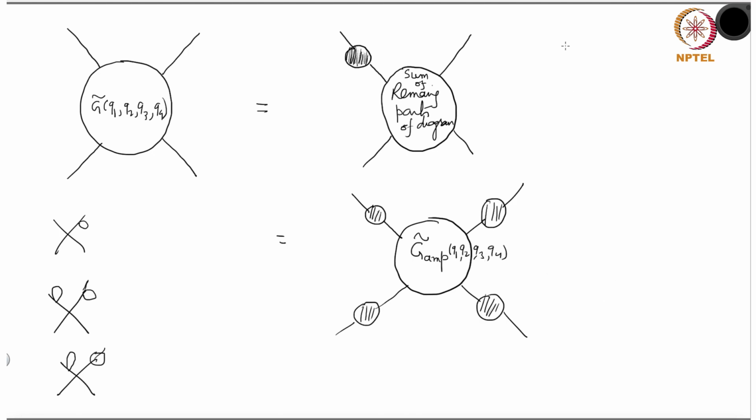Okay, amp is a short form of amputated, and to amputate means to cut off the limbs. So this part is what you get after you have removed all the limbs. Okay, let's see what it means.